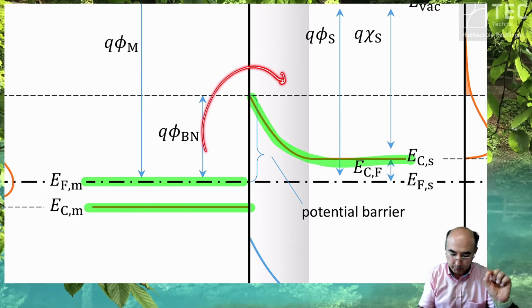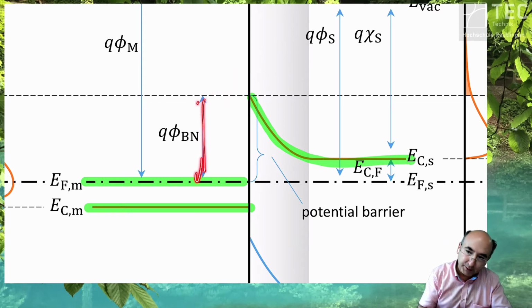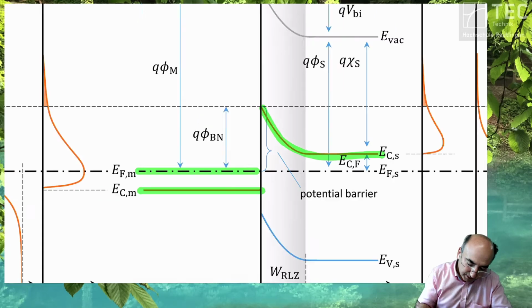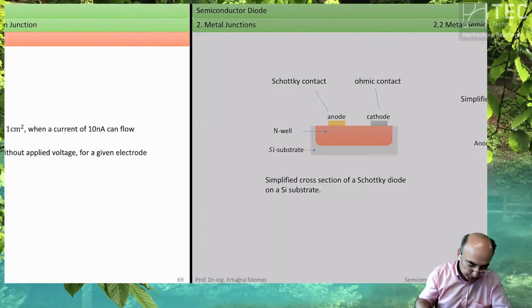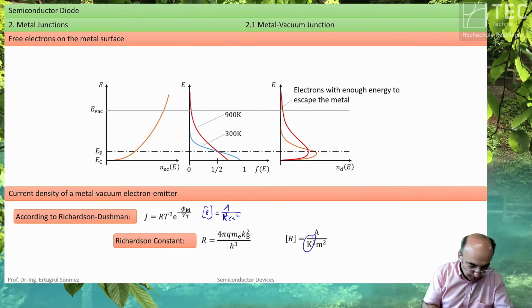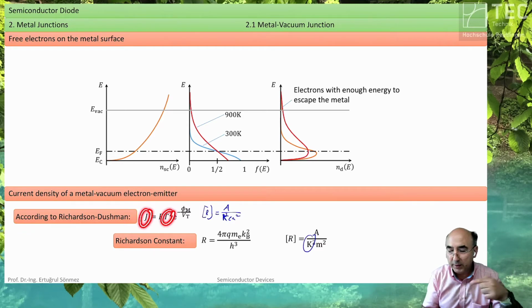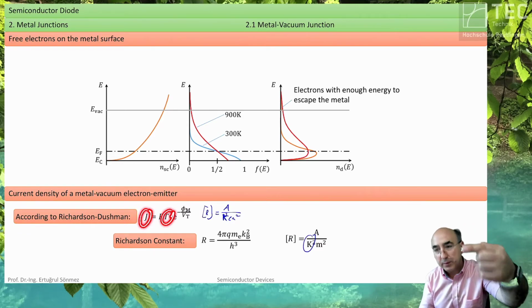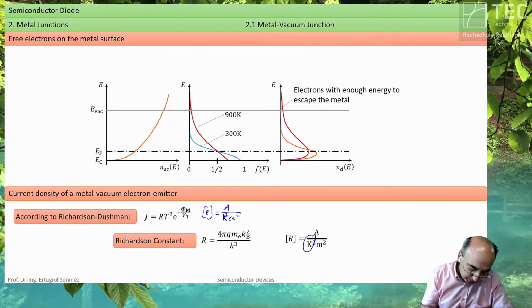Now you know that due to the barrier height and due to the current density with the Richardson-Dushman constant, this current into the vacuum, or in this case, into the conduction band edge of the neighboring semiconductor, is dependent quadratically on the temperature.